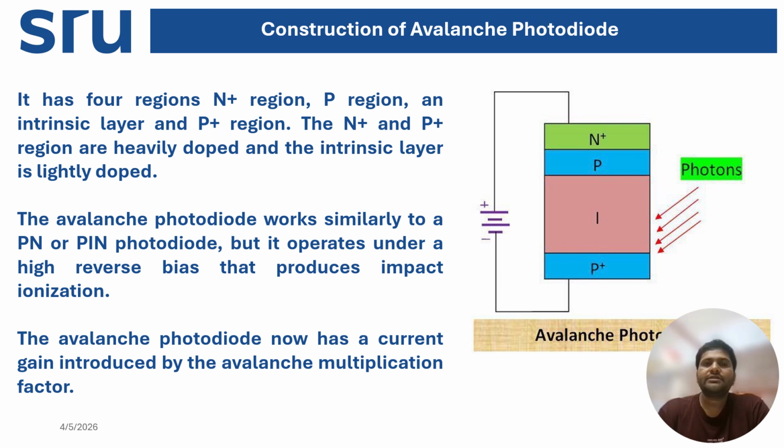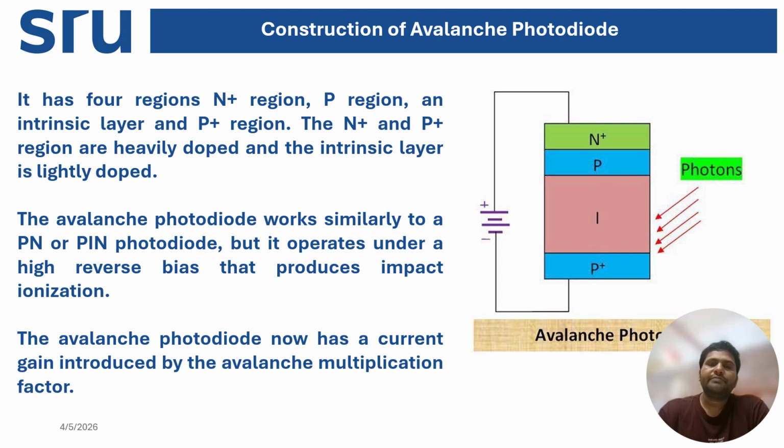Purpose: accelerate the charge carriers causing impact ionization and produce avalanche multiplication. The electric field distribution is non-uniform: low field in the absorption region to avoid premature multiplication, and high field in the multiplication region to enable the avalanche effect.